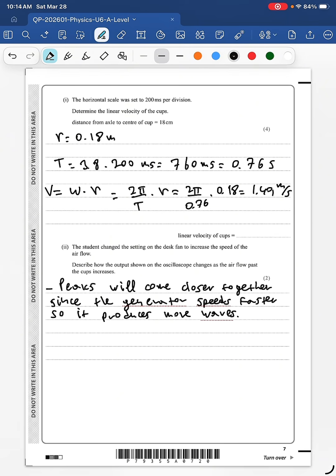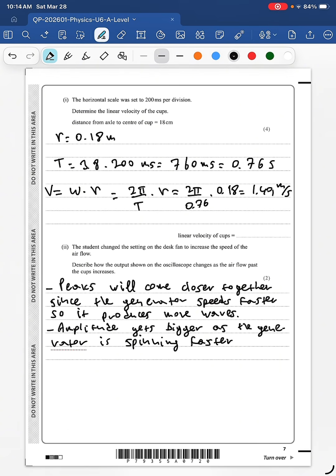And the second observation is that the amplitude gets bigger as the generator is spinning faster. So a larger voltage is produced.